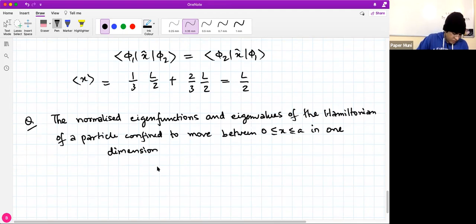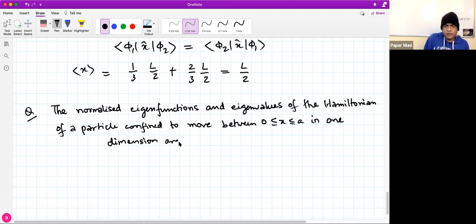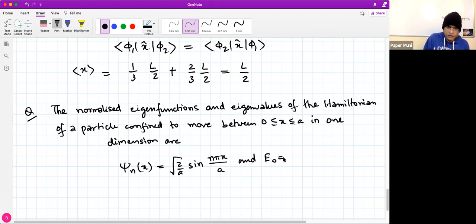So in one dimension, you have been given this wave function, psi n x, which is root 2 by a sine n pi x by a, and the energy E n, which is n square pi square h bar square by 2 m a square.